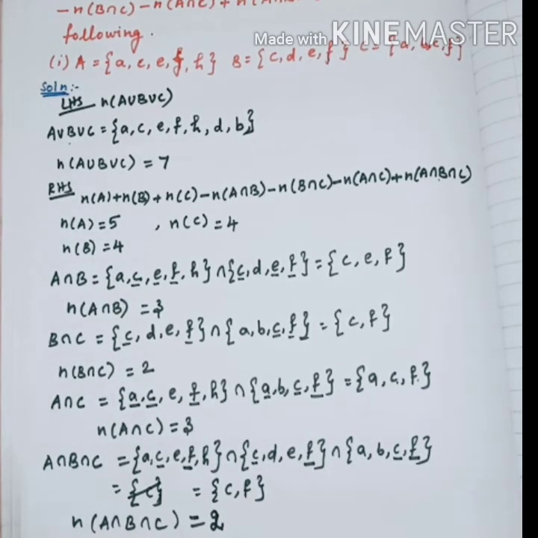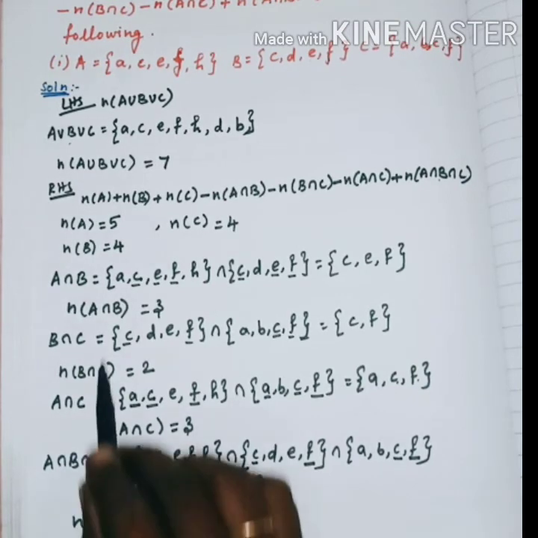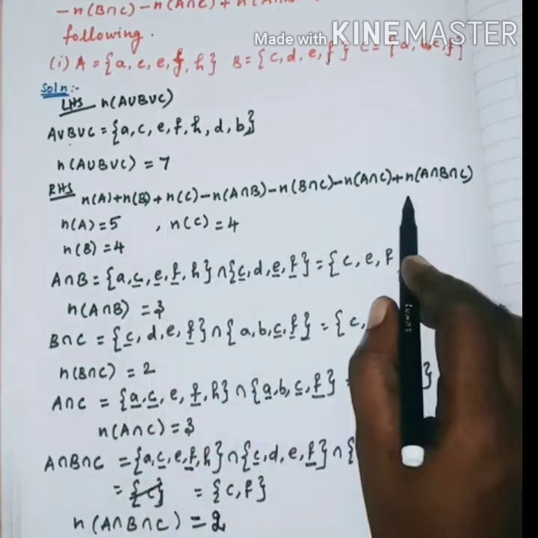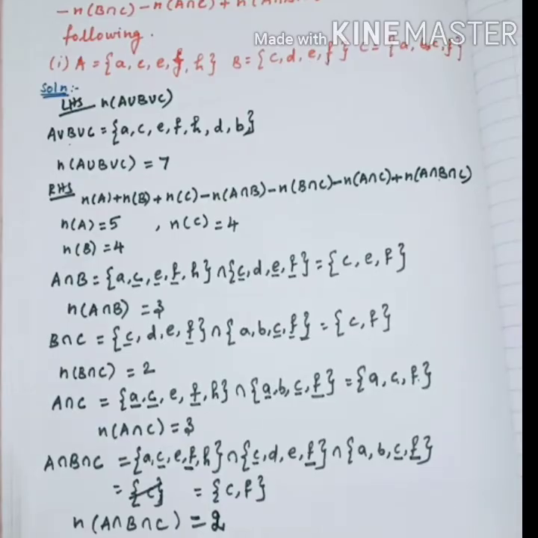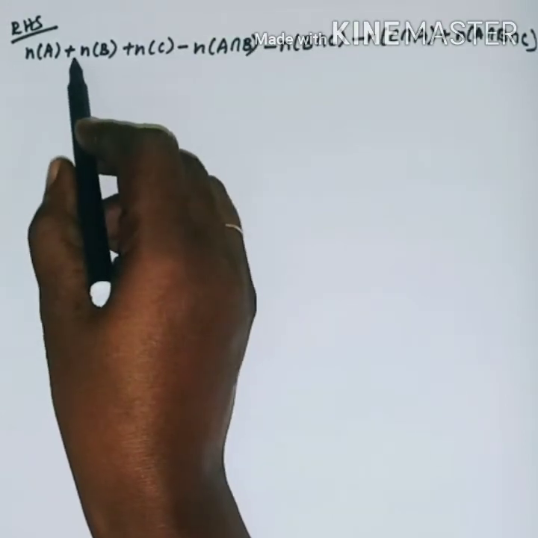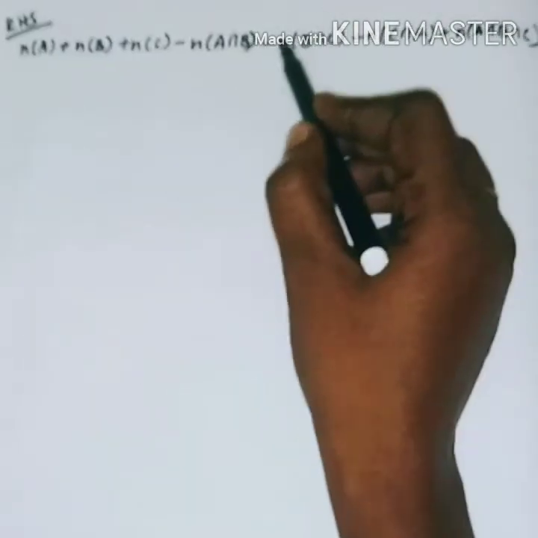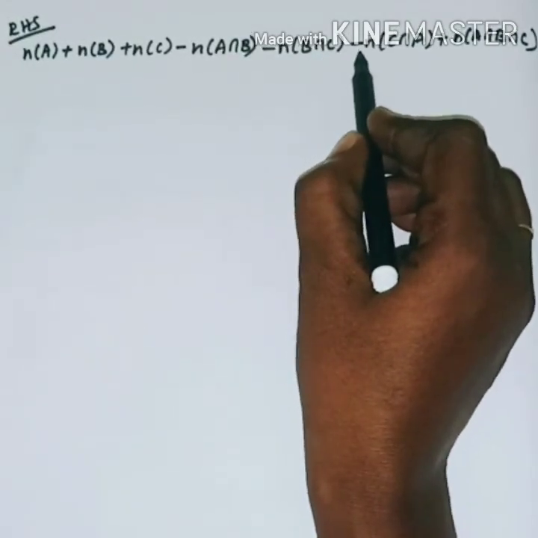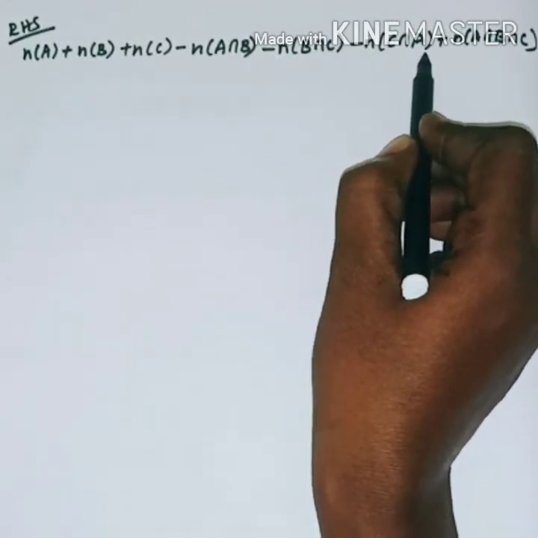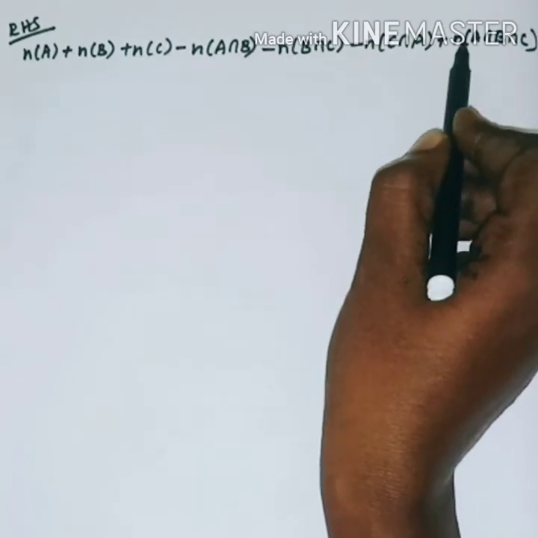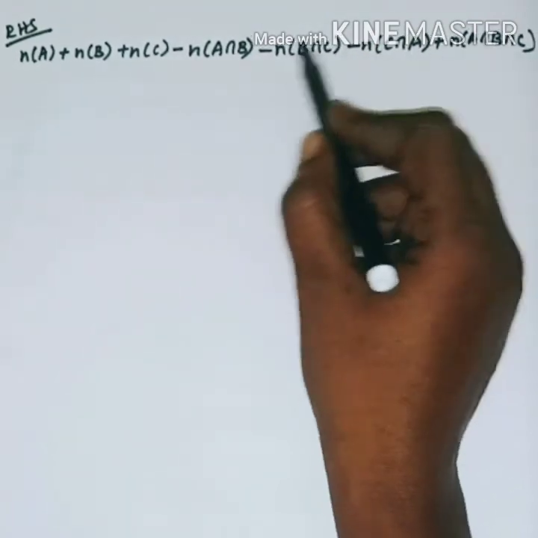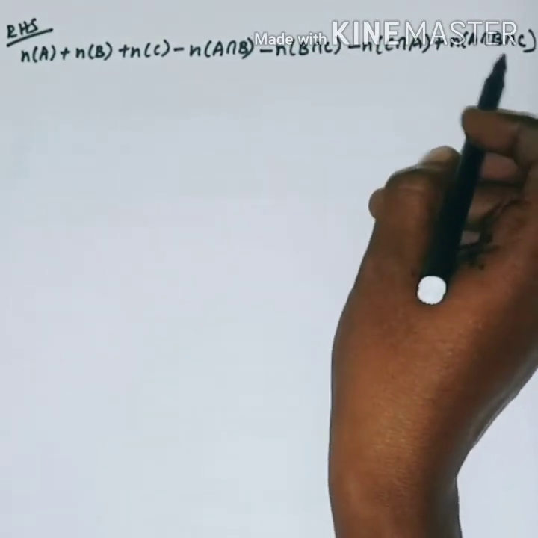Now we have to substitute these values in the right hand side. In the right hand side, we have n of A plus n of B plus n of C minus n of A intersection B minus n of B intersection C minus n of C intersection A plus n of A intersection B intersection C. This is your right hand side.